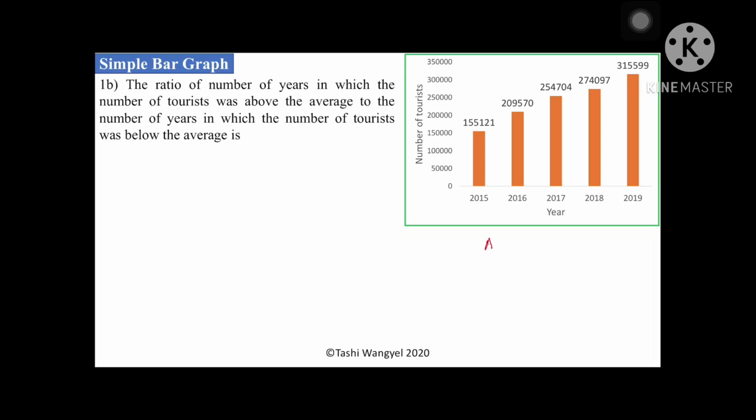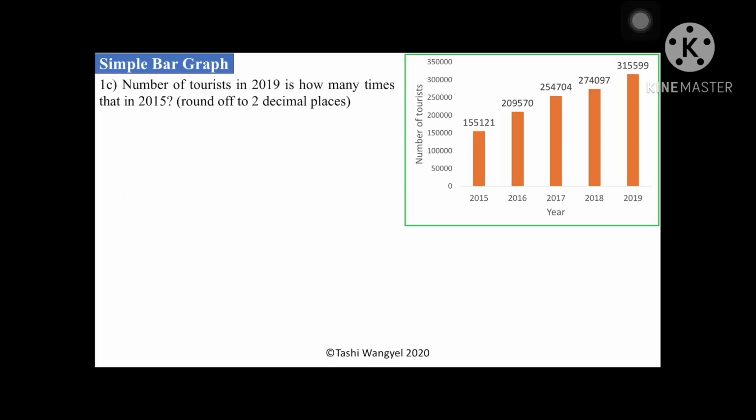The average is 241,818. Counting the years above the average and below the average, three years are above and two are below, so the ratio is 3:2, or 3/2.